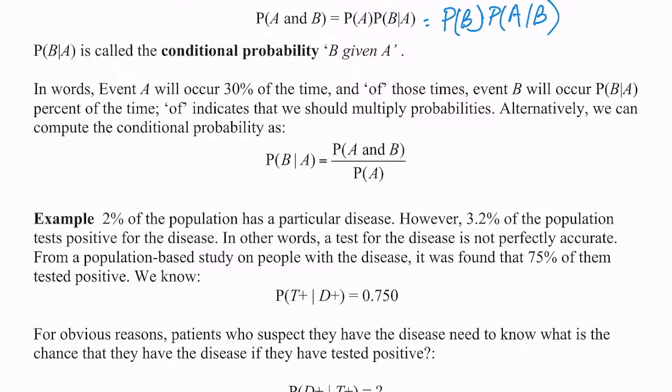And without getting into too many details, a test was conducted. Well, just because a test is conducted and a positive test result emerges doesn't necessarily mean you have the condition, whether that's COVID or other kinds of diseases. Diagnostic tests are not perfect. So it's really important to know the accuracy of the test.